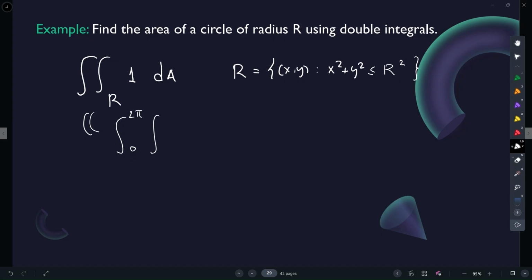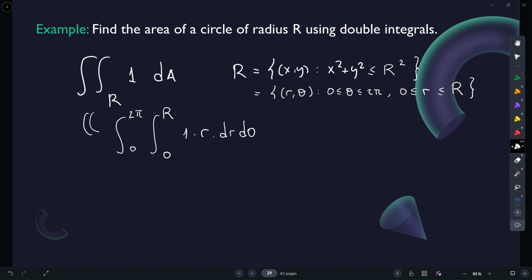Let's write the region quickly here in polar coordinates. Theta goes between 0 and 2 pi, and the radius goes between 0 and capital R, because I'm integrating the area of a circle of radius capital R. So the little r will go from 0 to R, and I'm integrating the function 1 times the conversion factor r, and then times dr d theta.